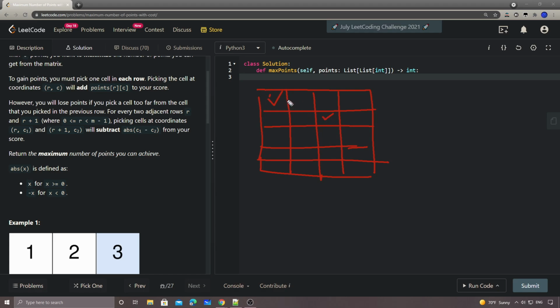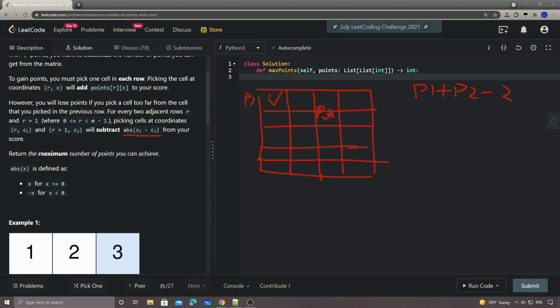But since the column difference is, as you can see, 0, 1, 2, there will be P1 plus P2 minus 2 in this case. Assuming this is P1, this is P2. So that's basically the cost.